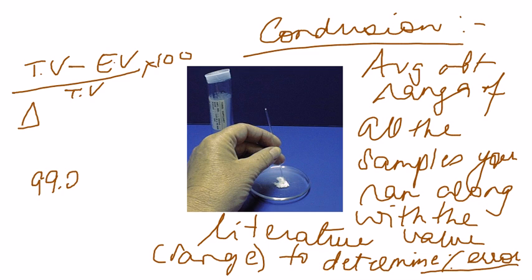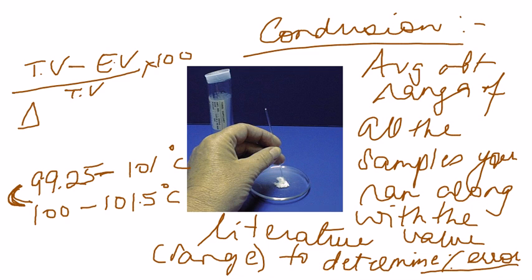So you don't have to do that for both the high and the low. Let's say your average came out to be the data that we had. It was what, 99.25 to 101. Suppose that was your experimental data, and the value that we know from literature happens to be maybe 100 to 101.5.